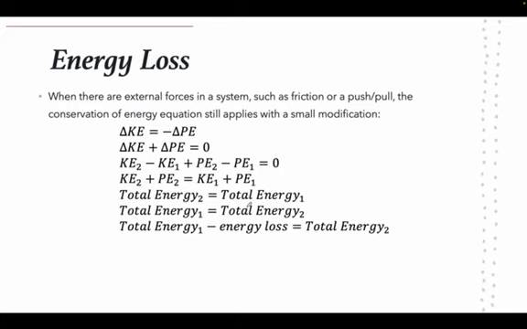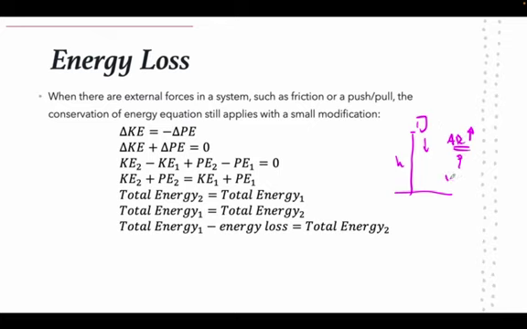So let's say, for example, the object that we covered before starts here at a height h from the ground, right? And it falls, but there's air resistance going upwards, okay? So air resistance is an external force, and this force does work on the object because it acts through a certain distance.